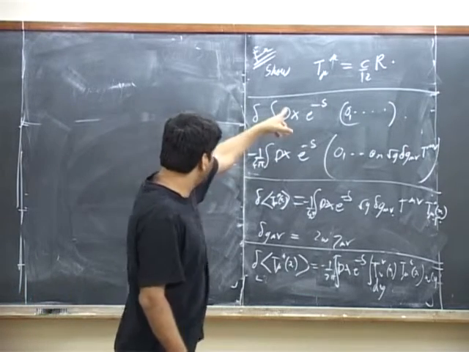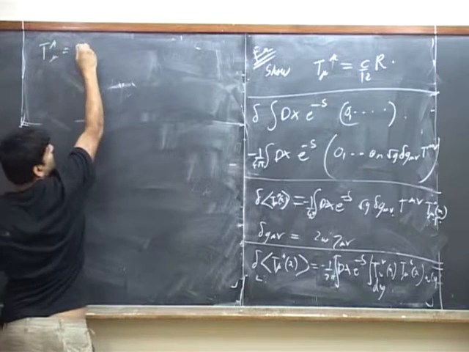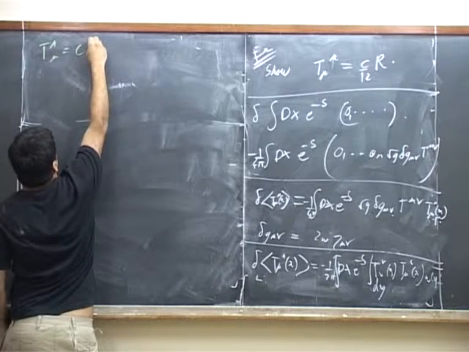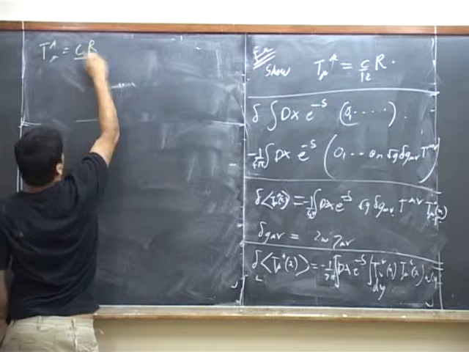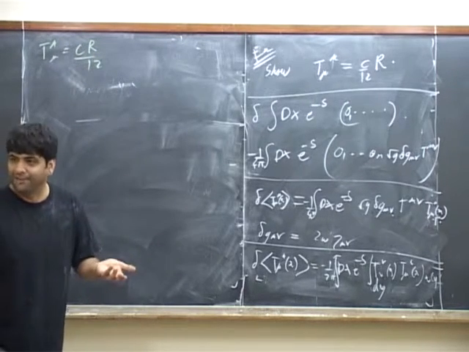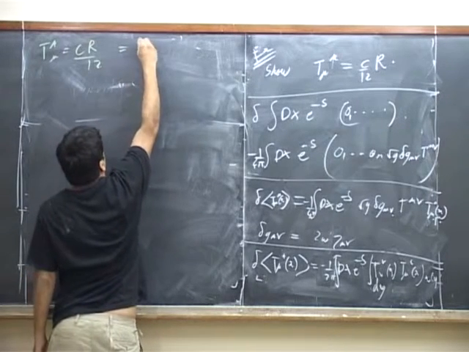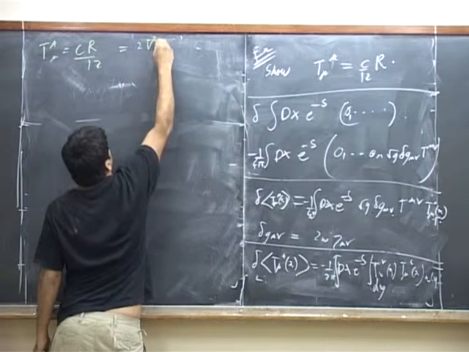Okay? So to leading order in omega, T mu mu, which we claimed was c R by 12, we just have to expand R to leading order in omega, and I'm going to ask you to look up the factors. I think it's plus 2 tenths squared.